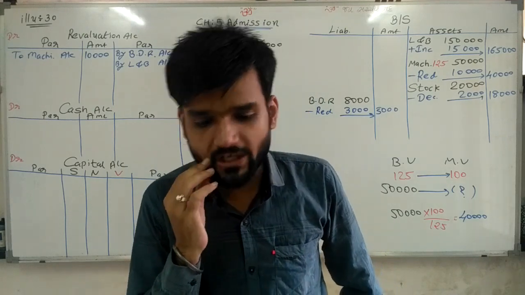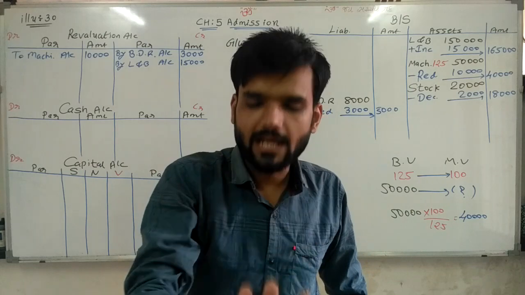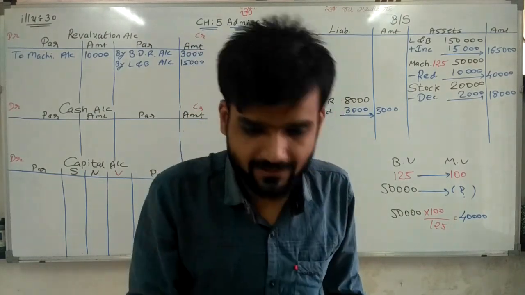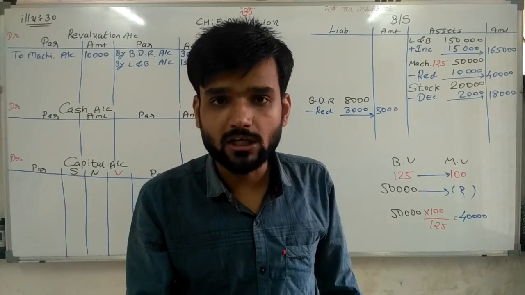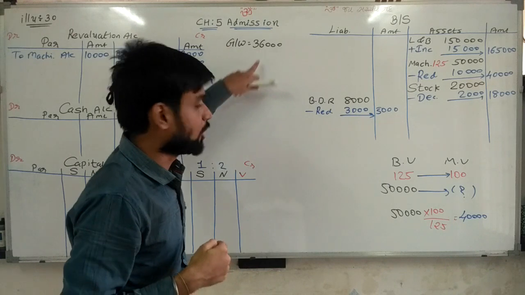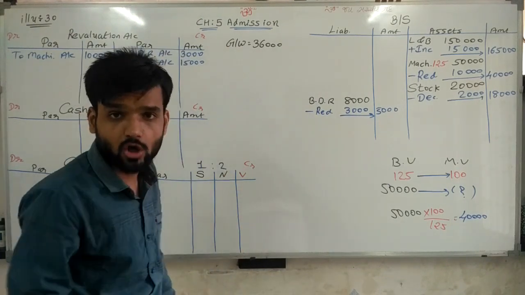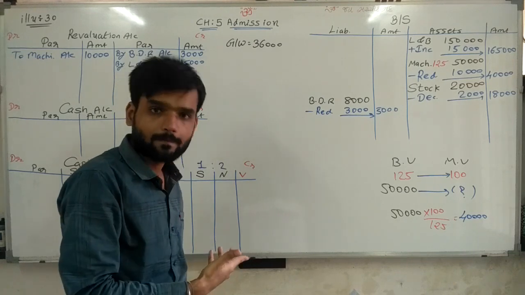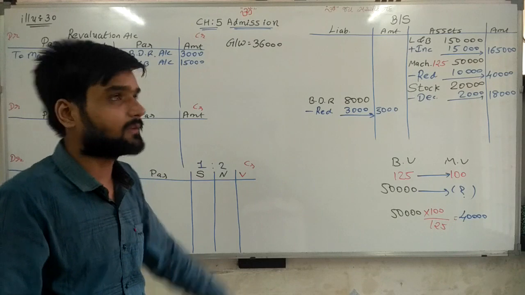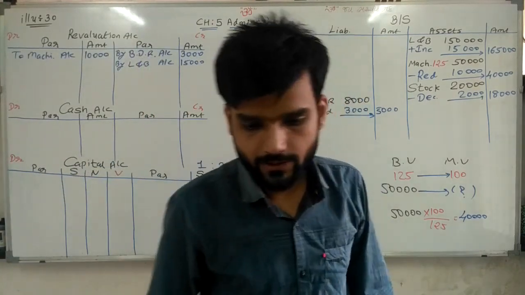Now 50% of net asset means what, sir? What is meant by net asset? That we will see later. Don't worry. Next thing, goodwill value is also brought in cash. But we don't know the portion of V. We don't know the new ratio of the firm. That's why we cannot calculate goodwill also. So both the things we are doing later.